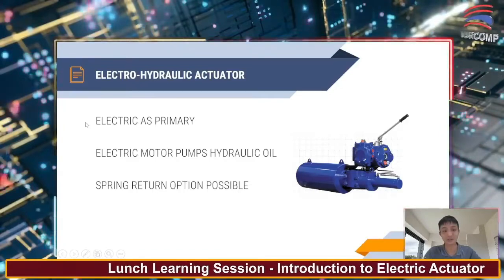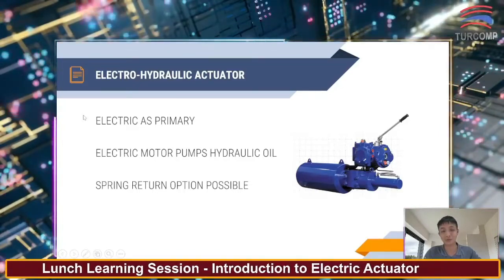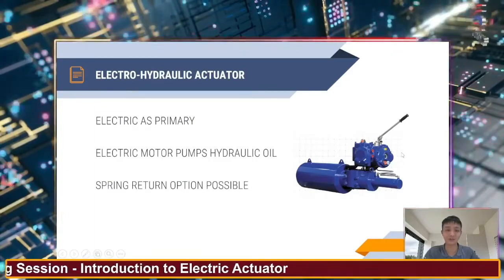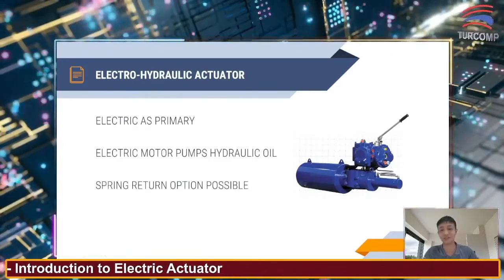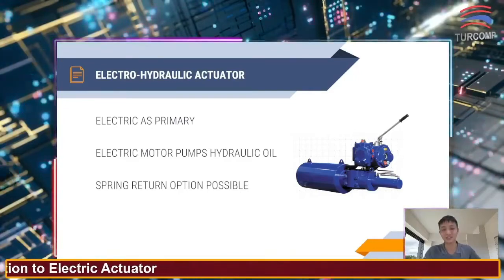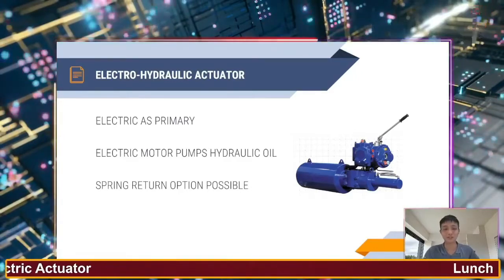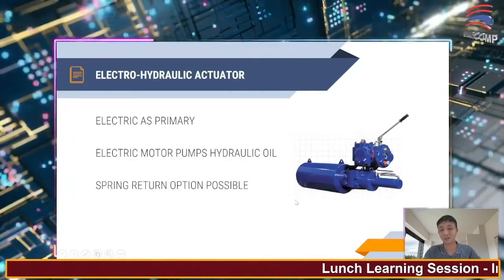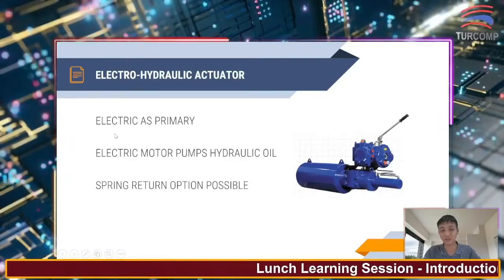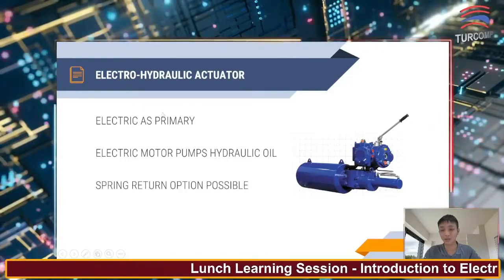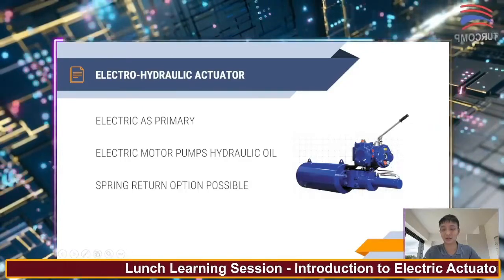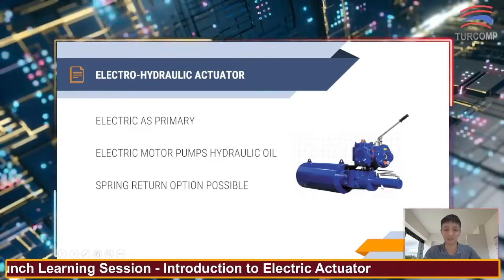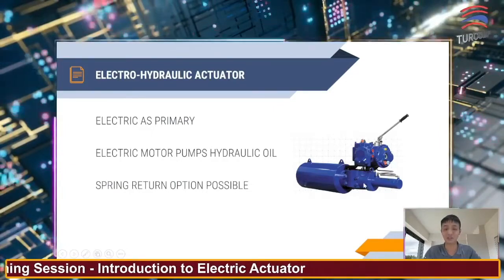This electric motor is very similar to the previous electric actuator. The controller will receive the signal, and then the power supply will generate electricity to the motor. So the motor will start to pump the hydraulic oil into this Scotch Yoke actuator, so that the actuator will move.